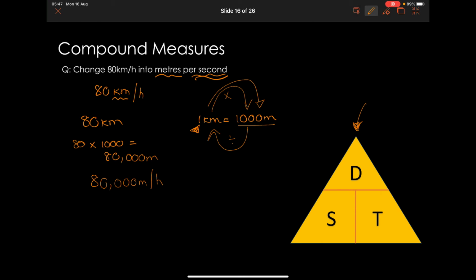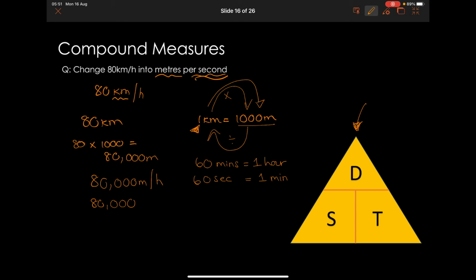Now remember, I gave you some information earlier, and I know that there are 60 minutes in 1 hour, and there are 60 seconds in 1 minute. So the first thing I need to do is take my 80,000 meters per hour and divide that by 60.